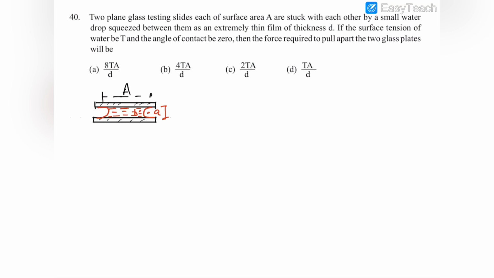In this question, you can see that there are two plates and they both have the same area A, and there is a thin liquid film between these plates, and when we try to pull these plates apart, then this type of meniscus would be formed.